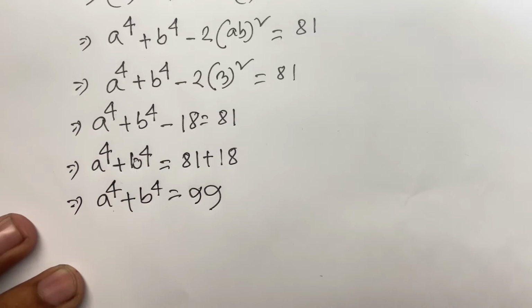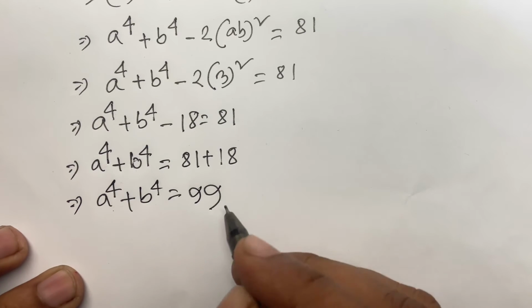So I find out a to the power 4 plus b to the power 4 is equal to 99.